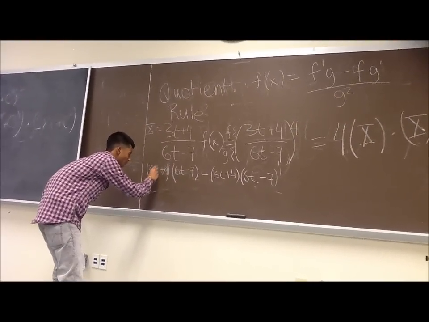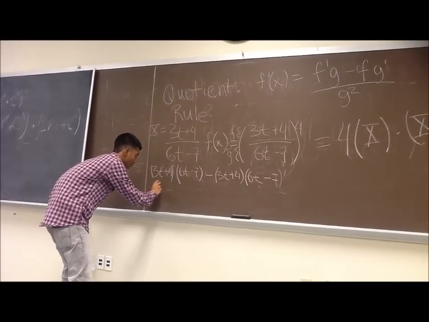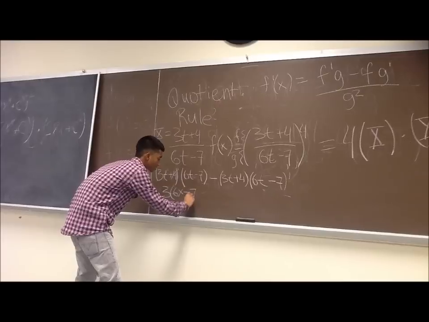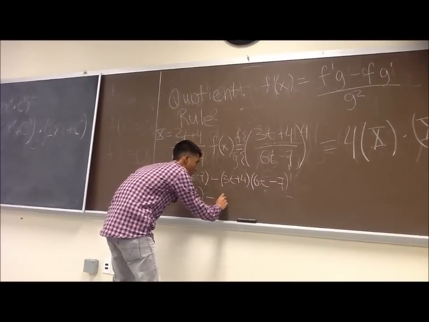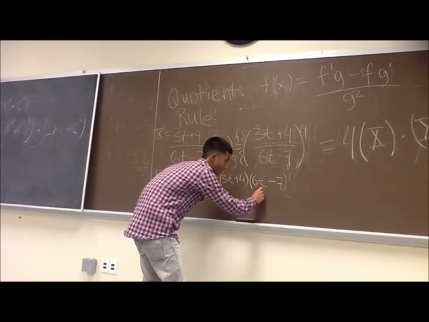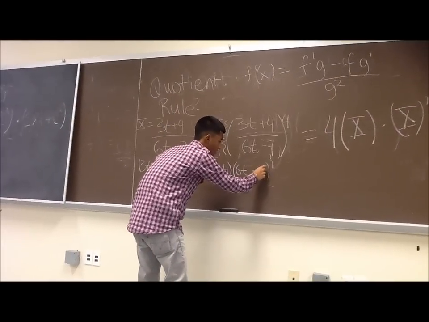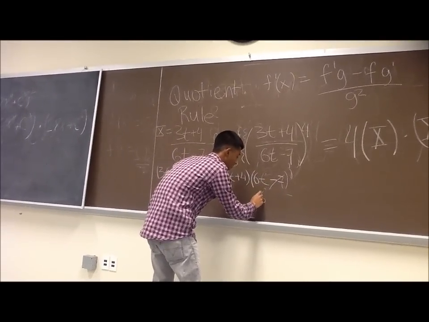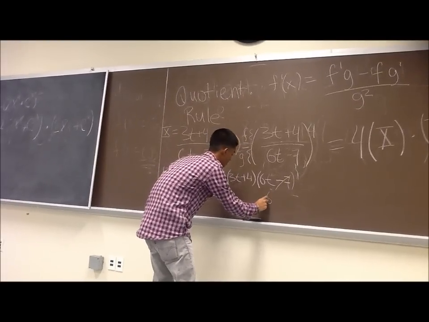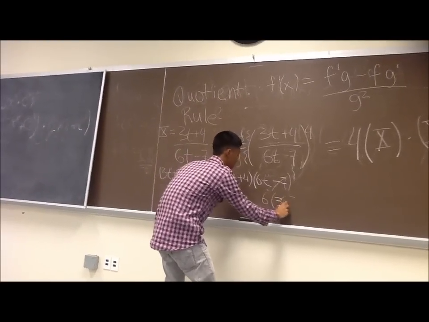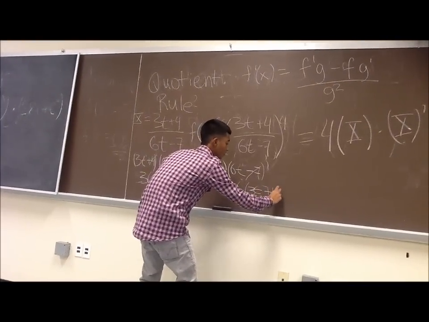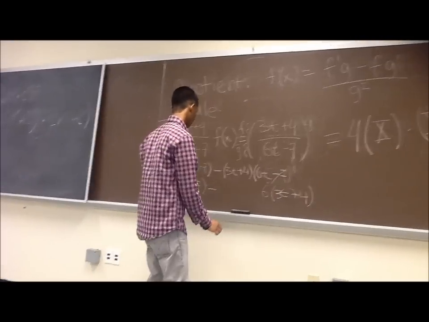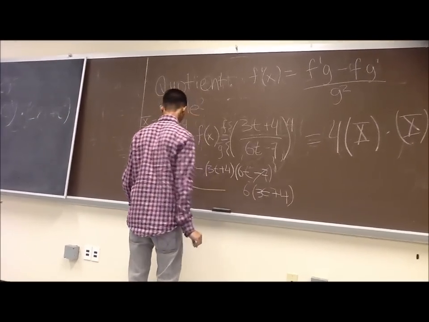for your simple number, and then the t over here simply becomes 3. This is going to be 3 times 6t minus 7, minus, again the derivative, it's going to cancel this out, and you're going to bring the 6, so it's going to be 6 times 3t plus 4. Sorry for my handwriting, but this is basically the answer.